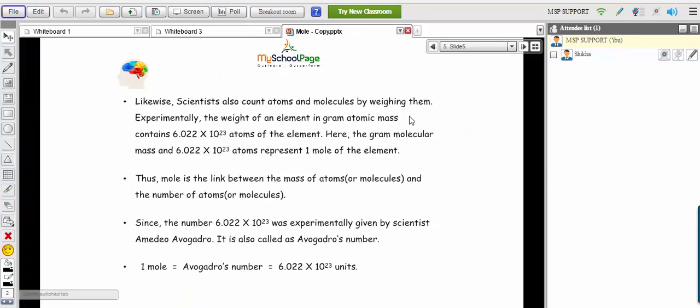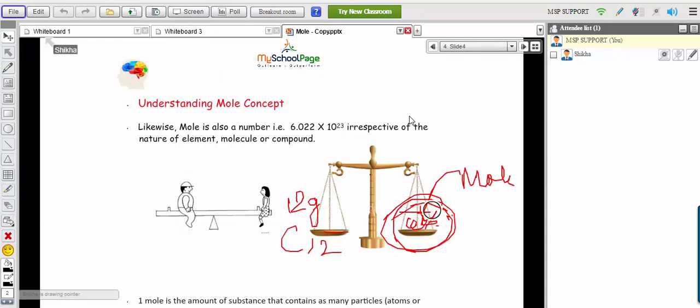Similarly, mole can be understood as some amount of substance, and this amount could be expressed in terms of numbers, as well as in terms of mass. We have already discussed the link between the mole and the number.